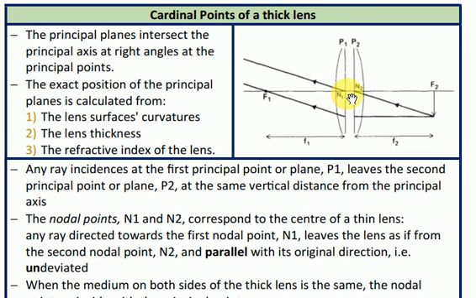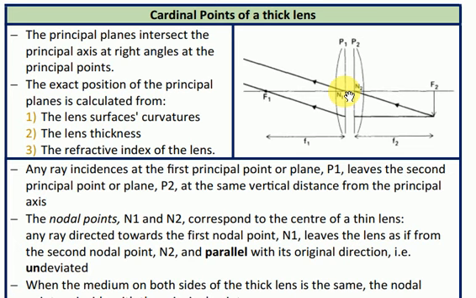So any ray directed towards the first nodal point N1 leaves the lens as if from the second nodal point N2 and parallel with its original direction. So it is undeviated. When the medium on both sides of the thick lens is the same, then the nodal points coincide with the principal points.